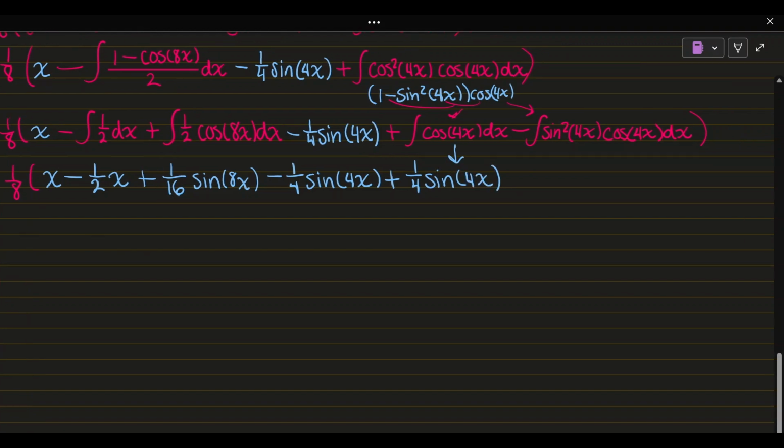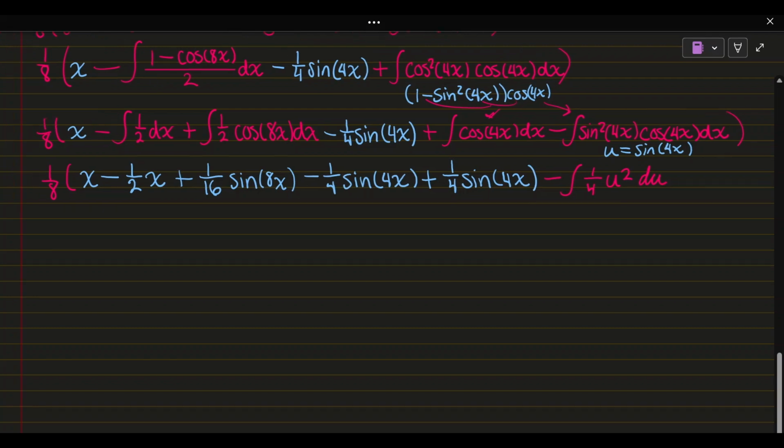This integral here, you can see that through a simple u substitution, and here we're going to let u equal sine of 4x. Then this will become the integral of 1/4 u squared du.